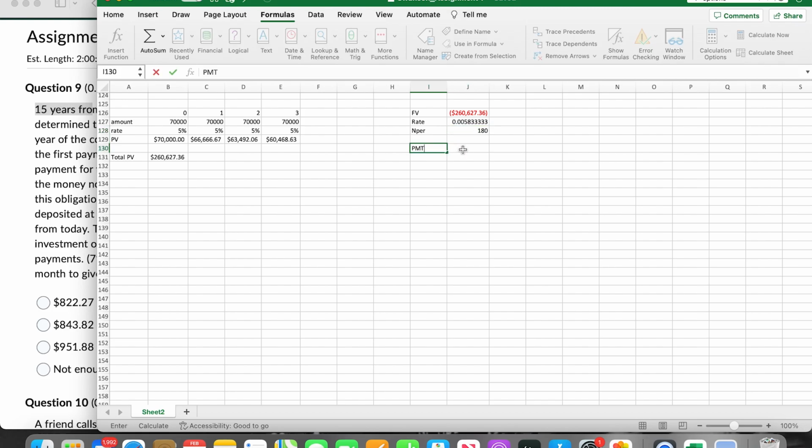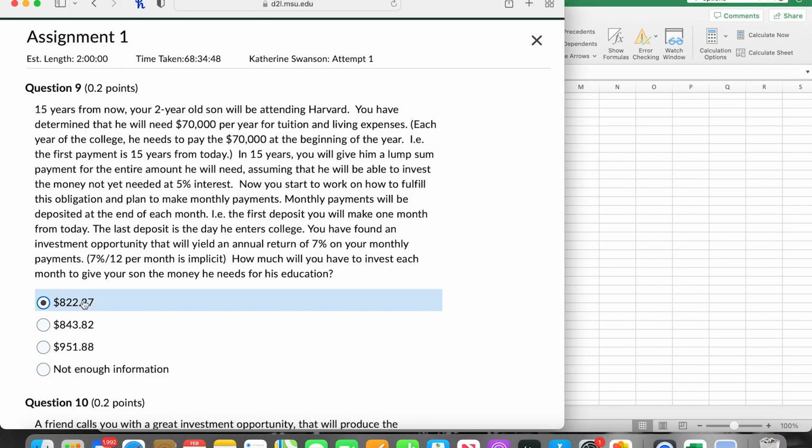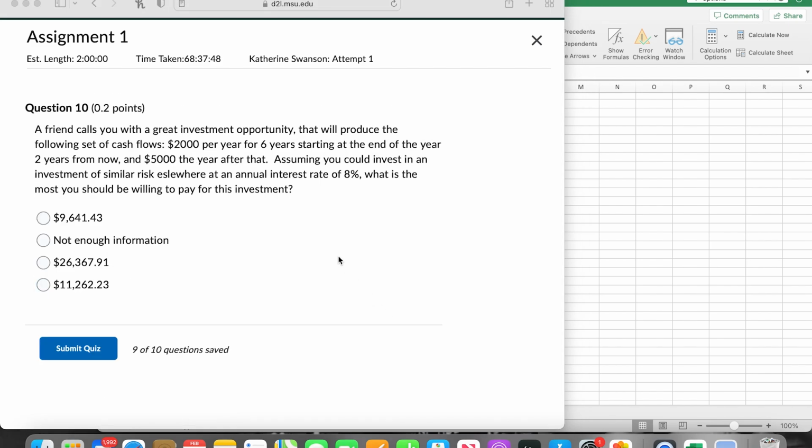So let's calculate that payment amount. So equals PMT, rate, 180 periods, final value. You're going to need to make $822.27 per month payments.